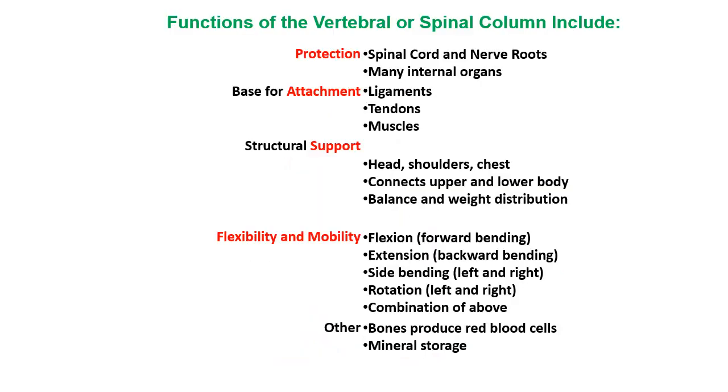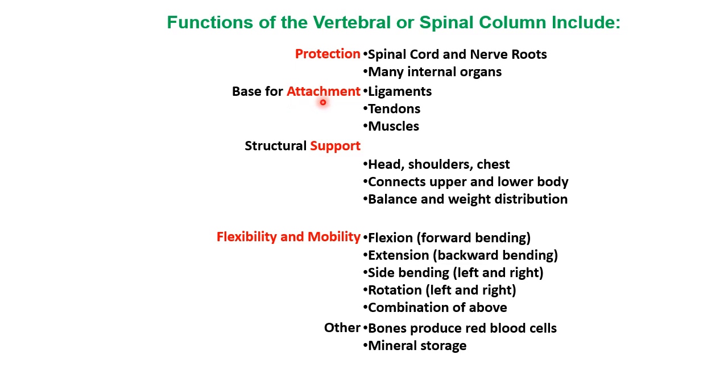Now we're going to see first what is the function for this vertebral or spinal column, right? First thing, of course, is protection. You need to protect your spinal cord. If the spinal cord gets damaged, that means paralysis from that part down where the cord gets damaged, right? Also, protection of internal organs, so that's important.